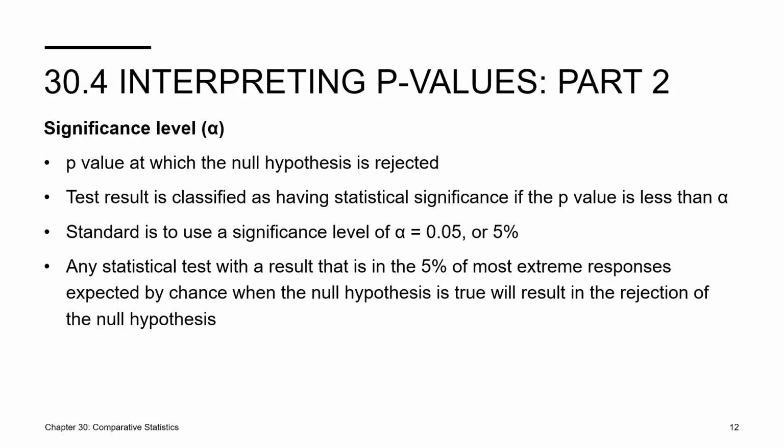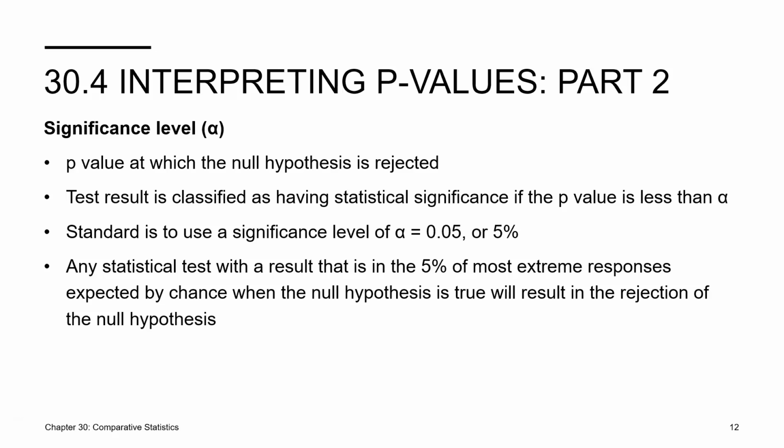With that, we have a significance level set as a cut point of where we either reject or fail to reject our null hypothesis. What's most commonly used is 0.05 or 5%. The test result is classified as having statistical significance if the p-value is less than that measure, and they'll call that measure the alpha level.